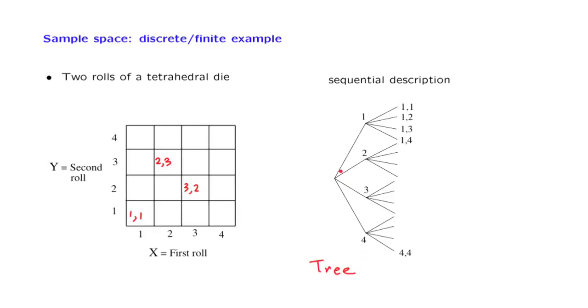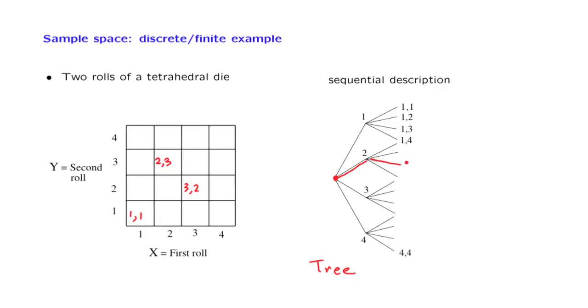You can think of this as the root of the tree from which you start, and the end points of the tree, we usually call them the leaves. So the experiment starts, we carry out the first phase, which in this case is the first roll, and we see what happens. So maybe we get a 2 in the first roll. And then we take note of what happened in the second roll, and maybe the result was a 3.